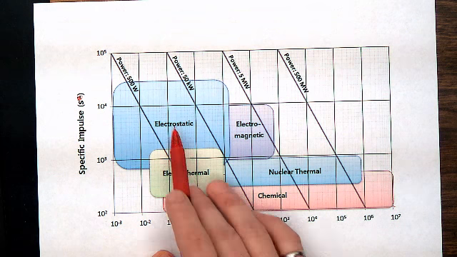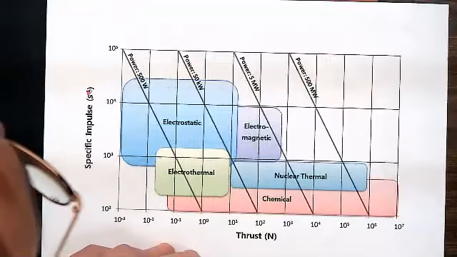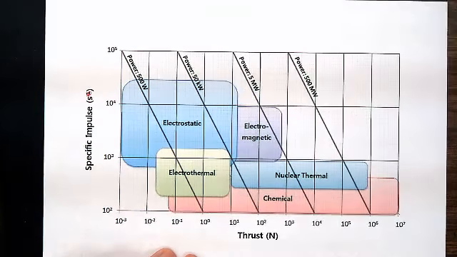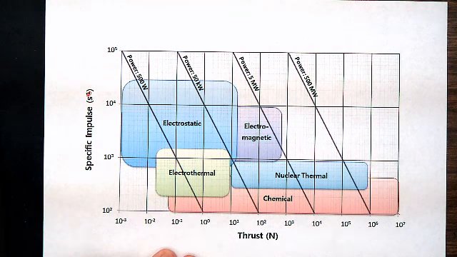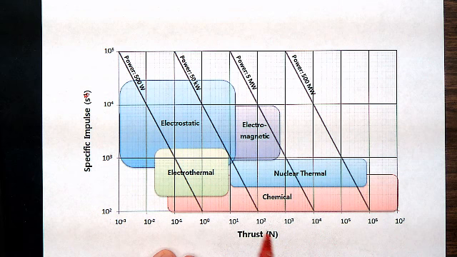The electrothermal, electrostatic, and electromagnetic labels written on here are forms of electric propulsion. All of these things can be powered by a nuclear generator, a reactor, but for practical purposes, they predominantly use solar arrays, especially for low Earth orbit and GEO.